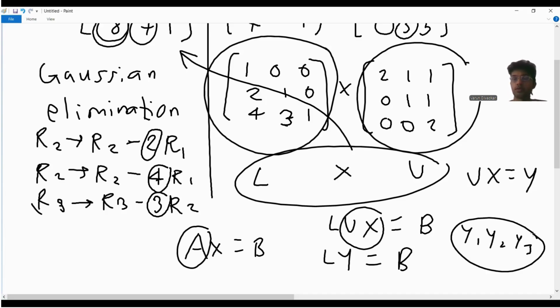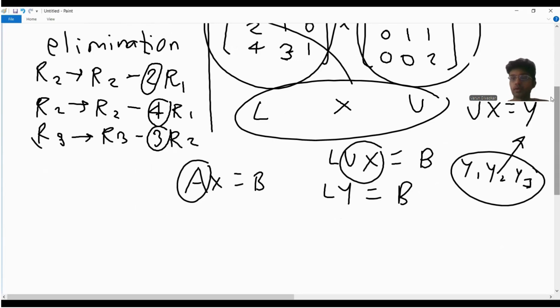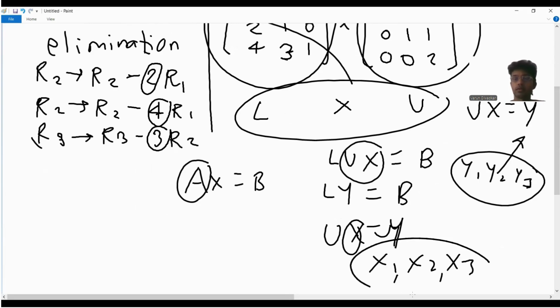Using these Y1, Y2, Y3, substitute them back here and solve for X. So Ux equals Y gives you your X1, X2, and X3. So that's how you solve this system of linear equations.